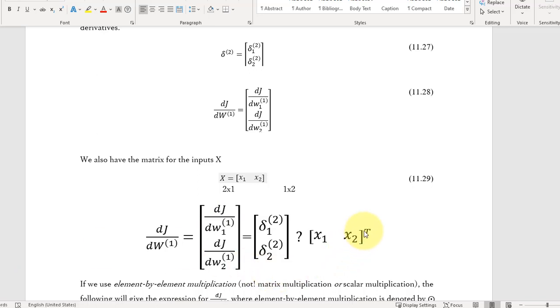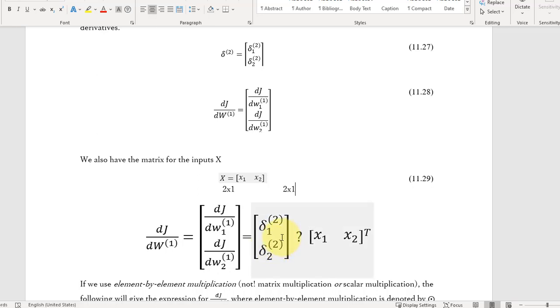Now I wrote the transpose here, and if I had the transpose, then this would be a 2 by 1. So would that work? Suppose I had a 2 by 1 here. We can't even multiply those two.